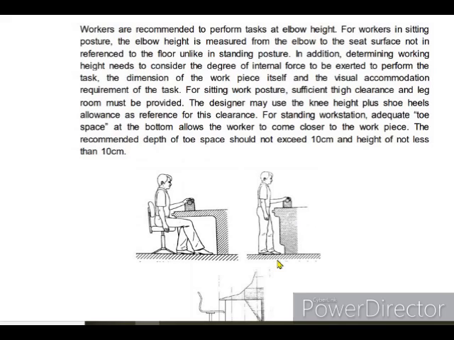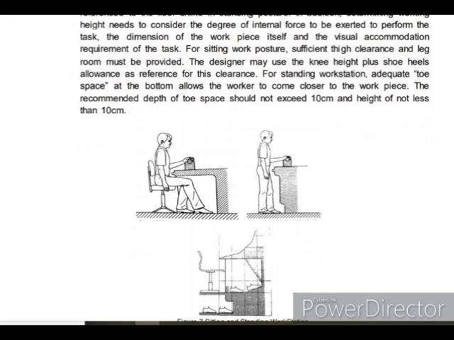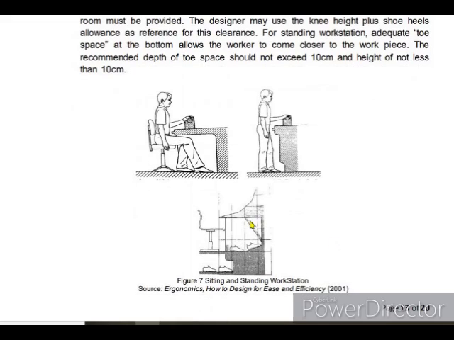The depth is the distance of the toe to the workpiece, and the height is the height of the workpiece with reference to the toe. That's why it is zoomed here. In sitting and standing workstations, as you notice, those two toe spaces have applied those requirements.